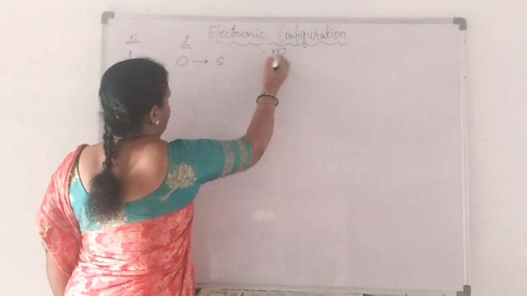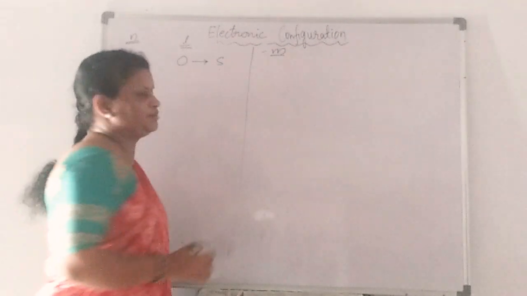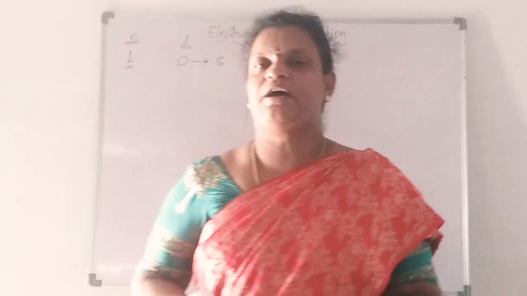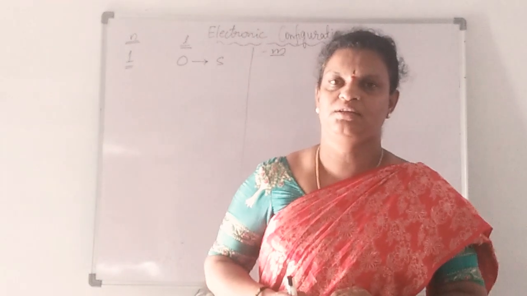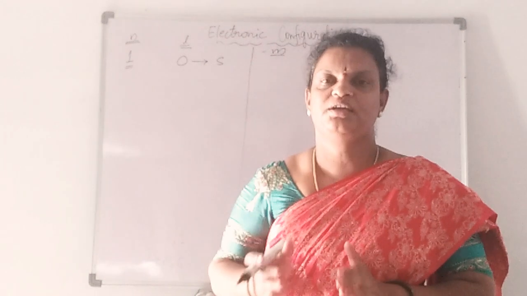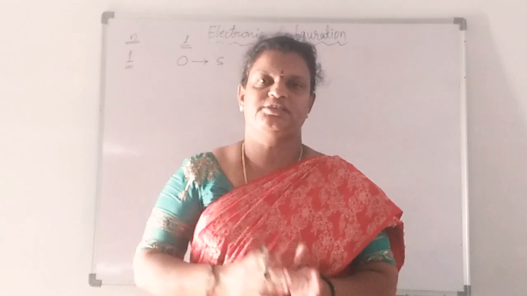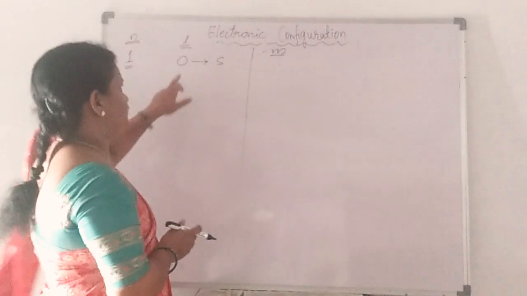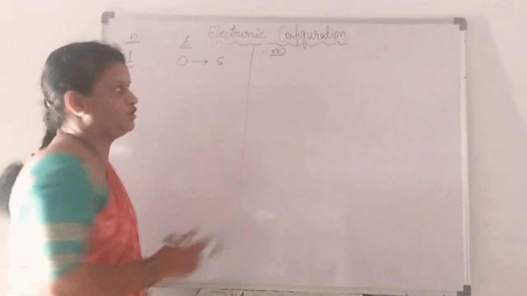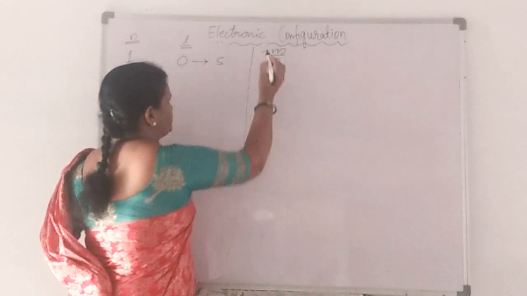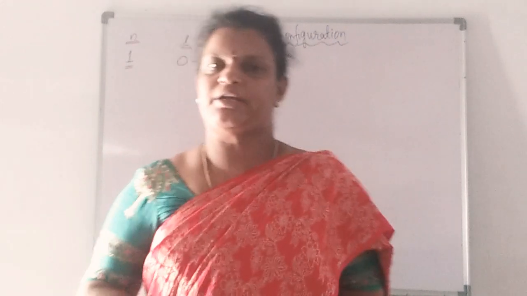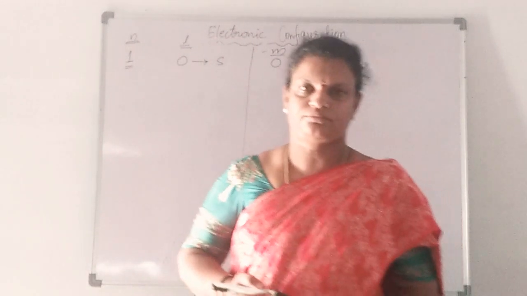So coming to m, what is this m here? It is the magnetic quantum number. Magnetic quantum number value starts from minus l, proceeds up to plus l, with 0 in the middle also. Minus l, 0, plus l. Right. So if l is 0, only one m value is possible. Based on that, we can say how many orbitals are present in the subshell.